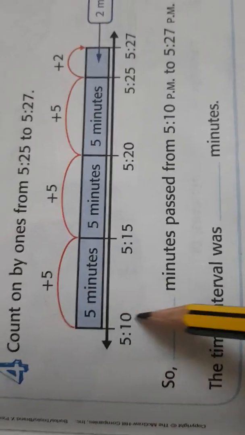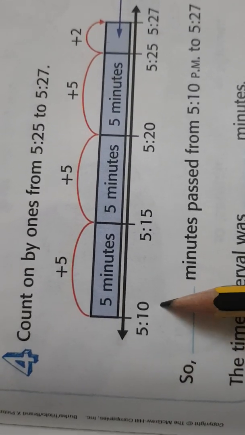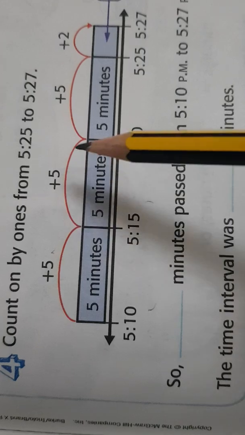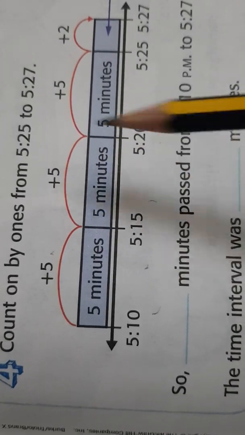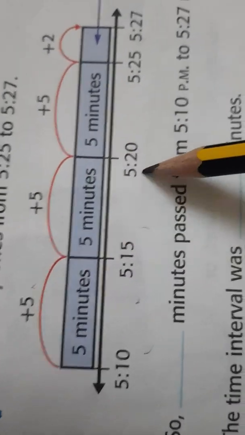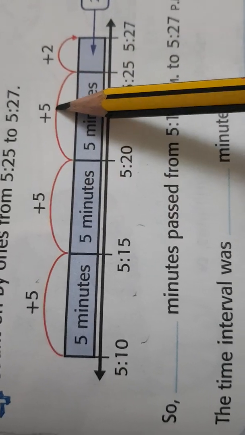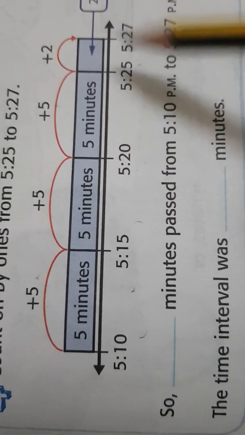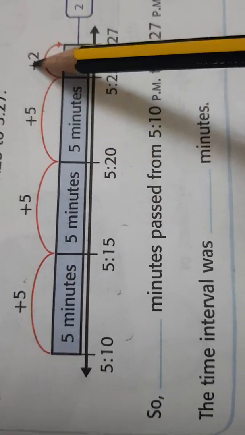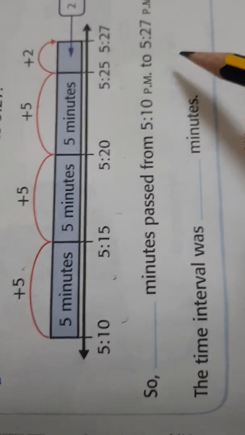We can use the number line. As you see here, from 5:10 to 5:15, 5 minutes. From 5:15 to 5:20, 5 minutes. From 5:20 to 5:25, 5 minutes. From 5:25 to 5:27, 2 minutes. So how many minutes?